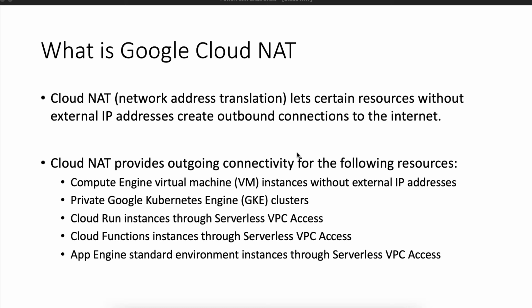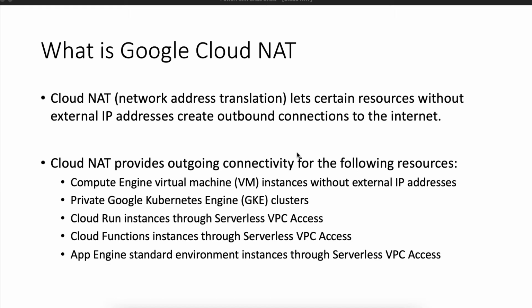Without the public IP, you cannot reach the internet. So when you deploy a virtual machine or your Kubernetes cluster, and the nodes do not have a public IP address, and you try to reach the internet from those resources, it will fail. You can't do that.